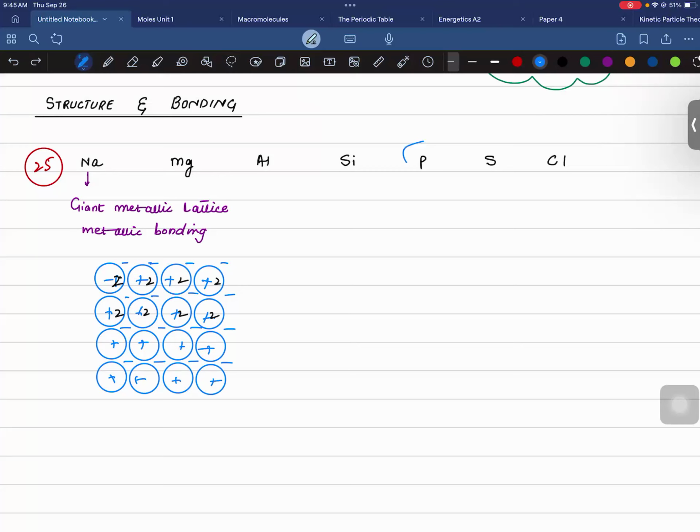And what about phosphorus, sulfur, and chlorine? What do you think? They are non-metals, so they have minus charges. Will it be covalent or ionic?